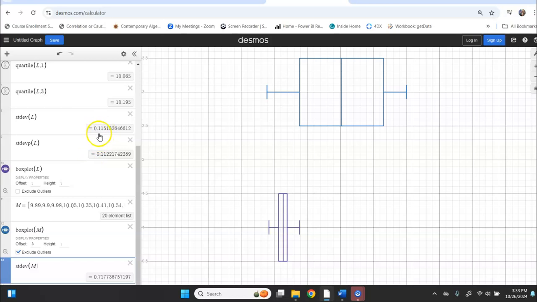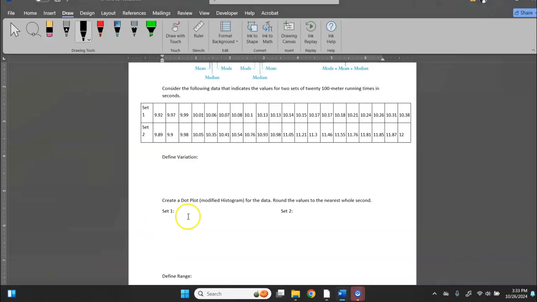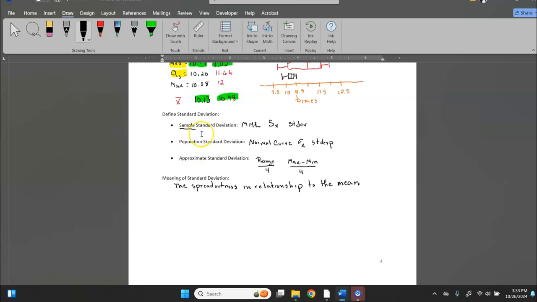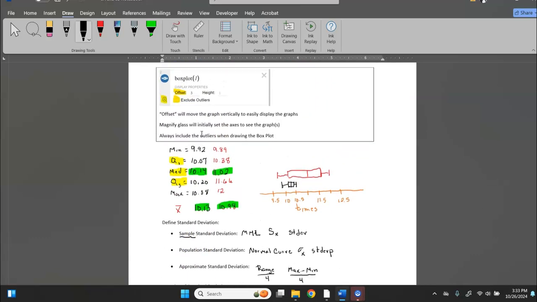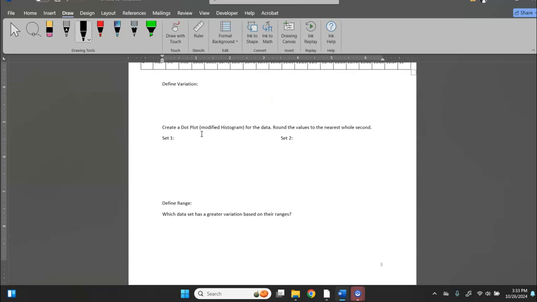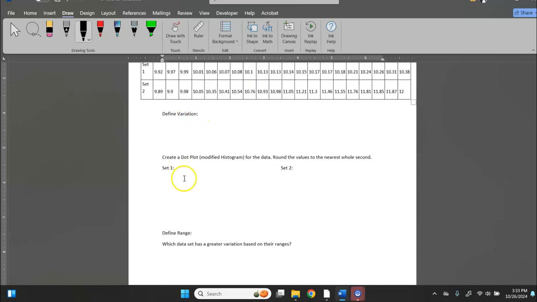This one is very closely compact around the mean, and this one is less compact around the mean. So that's the difference: standard deviation is spread outness around the mean, whereas when we just look at skewness, or variation, in these dot plots, we're talking more about the median rather than the mean.